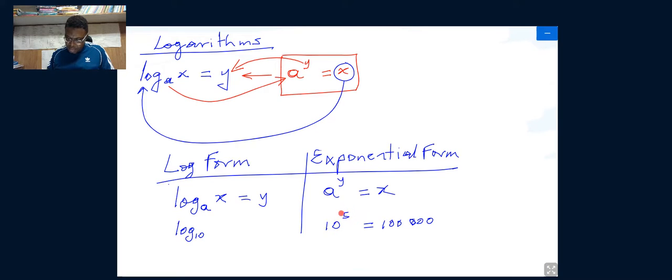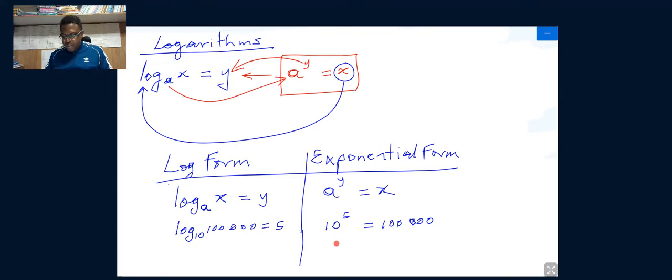And the exponent becomes the subject of the equation. And this is the log of 100,000 that we're looking for, equal to 5.